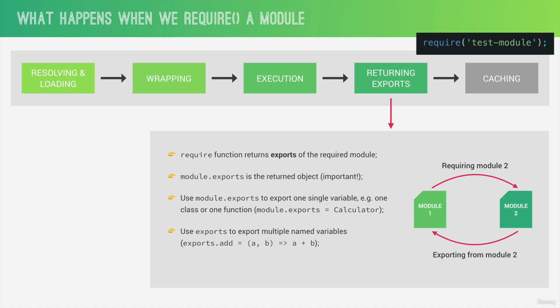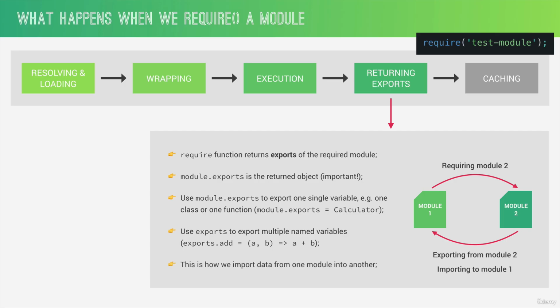For example, if we were doing a calculator module, you could create exports.add, exports.multiply, exports.divide, and so on and so forth. Make sense? Again, we're going to do this in the next video, and it will make more sense to you by then. Okay, and this is effectively how we export and import data from one module into the other.